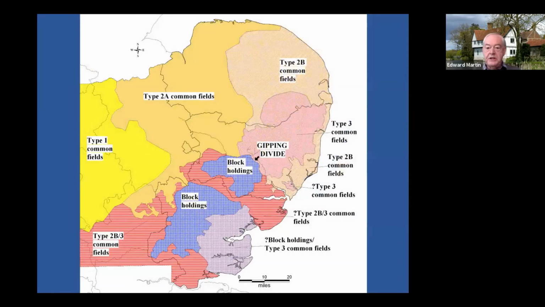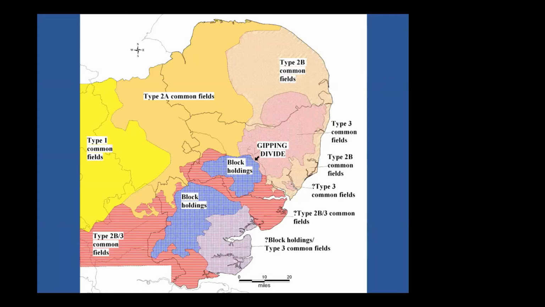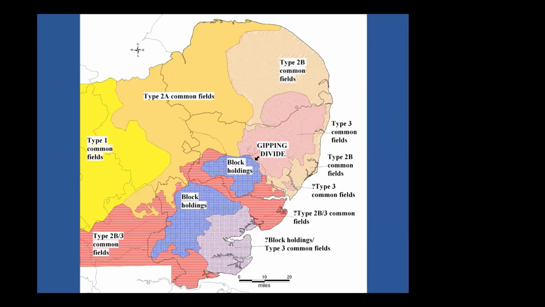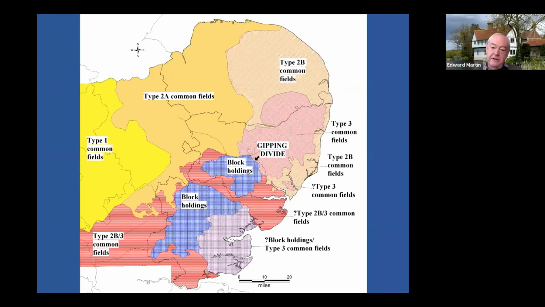And came up with this version of the map showing different types of landscapes. Very important really in this is to notice what I've called the Kipping divide, which separates the northern part of Suffolk from the south part of Suffolk.